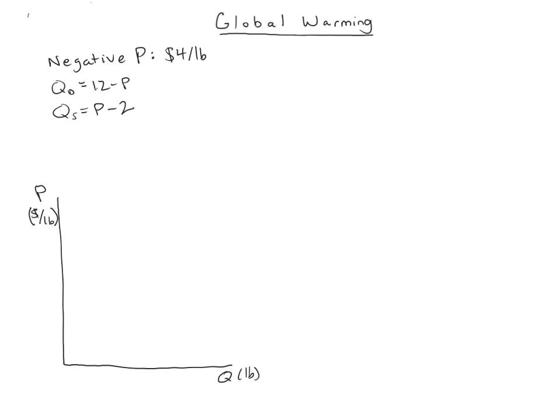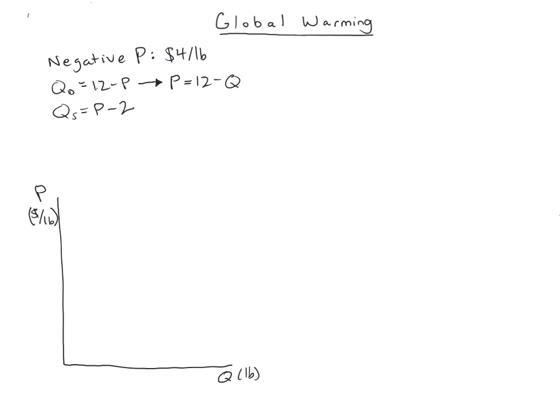And I can draw in my demand curve, but before I draw in my demand curve, I'm going to need to invert it, right? We don't actually plot Q against P with Q on the vertical, so I can't plot it in this form. It's in a useless format where the X variable Q is on the left-hand side. But if I rearrange it to get P on the left-hand side, then I have P equals 12 minus Q, and that's something I can plot. Now it's in slope-intercept form.